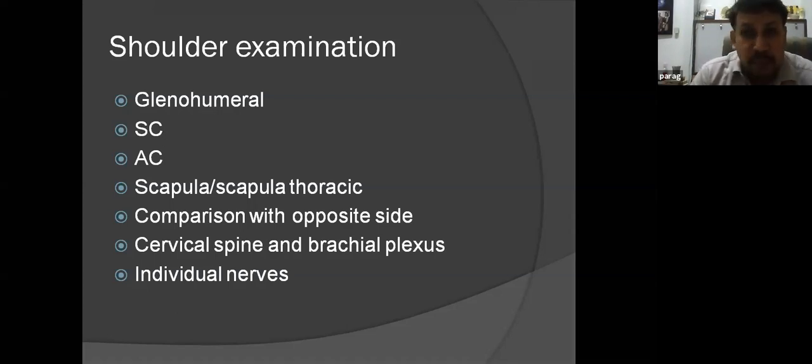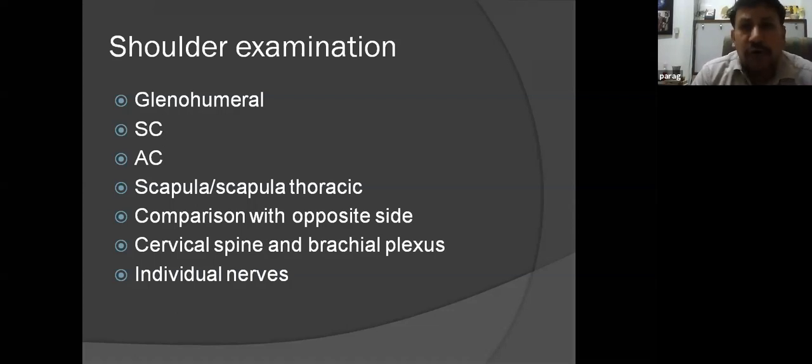As always, you must look at the areas around it, and the cervical spine is a very integral part. You must make sure that you are not missing something. A lot of times cervical pathologies will coexist with your shoulder. Sometimes you have to distinguish one from the other. You must also look at the nerves, the brachial plexus, and if needed, individual nerves can also be checked and examined.